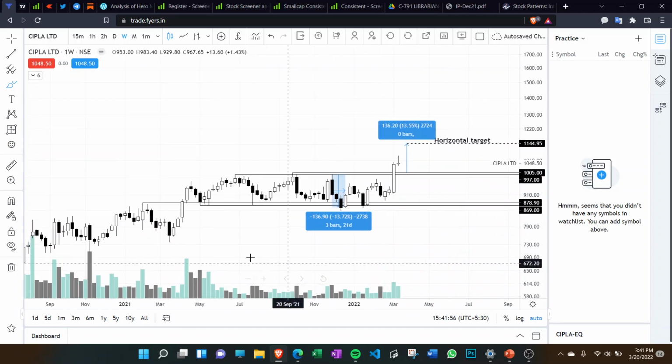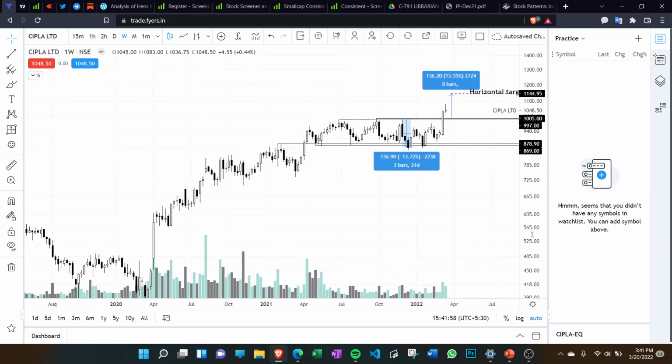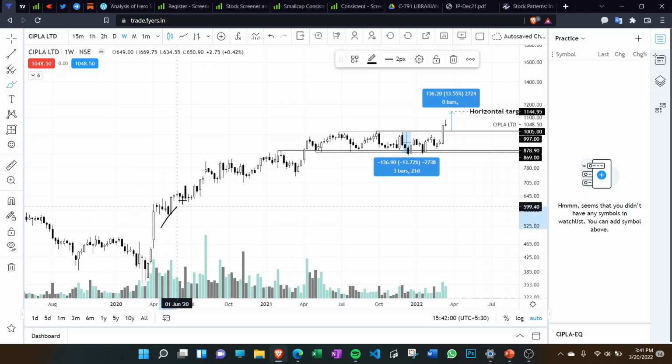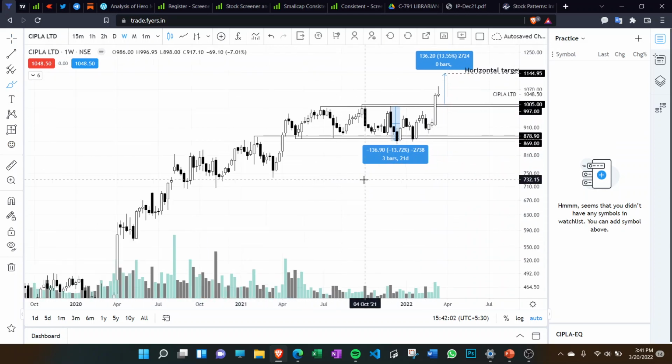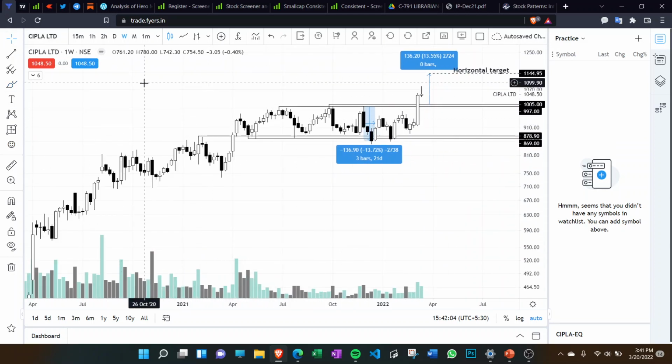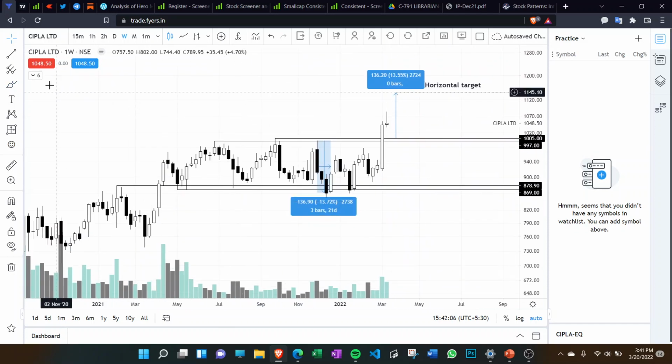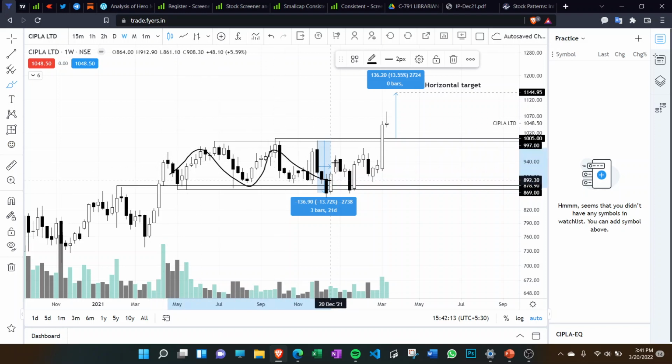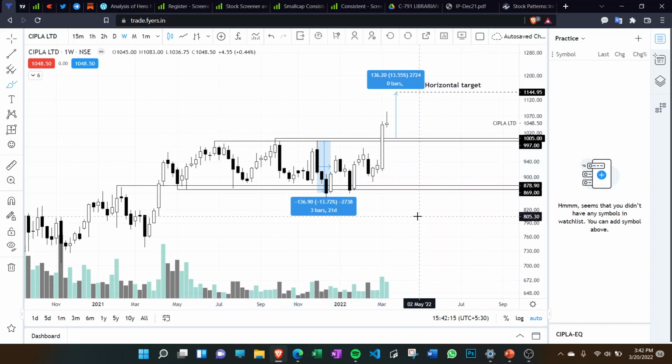As you can see, the price was in a very strong uptrend since March, and since April 2021 it started consolidating in a range, moving in this range of about 130 points between 1000 and 870.